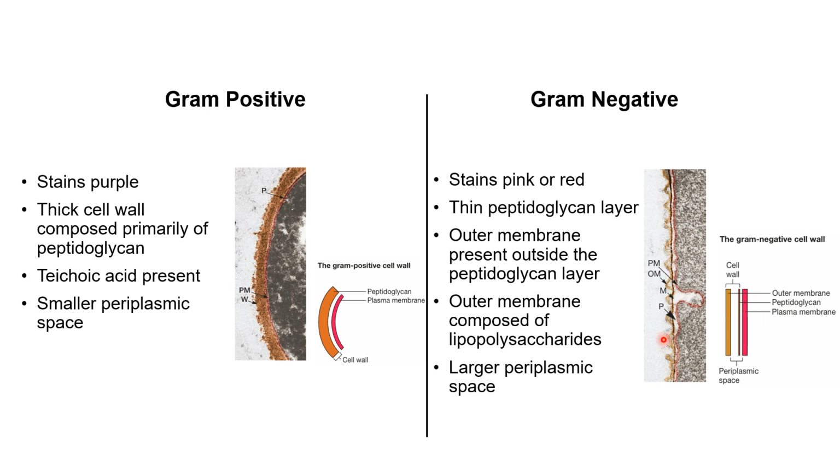So: plasma membrane, peptidoglycan, and then an outer membrane composed of lipopolysaccharide. It stains pink or red when you counterstain it with safranin. They have a thin peptidoglycan layer, an outer membrane composed of lipopolysaccharides, and a larger periplasmic space because the peptidoglycan layer is very thin.